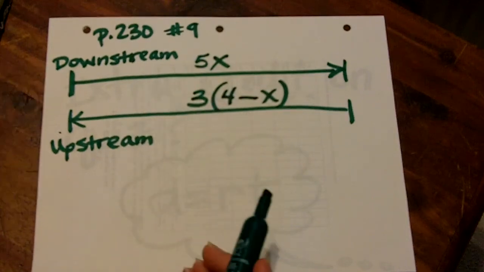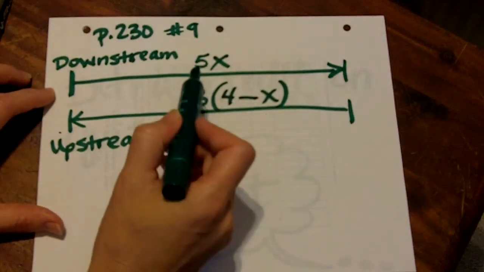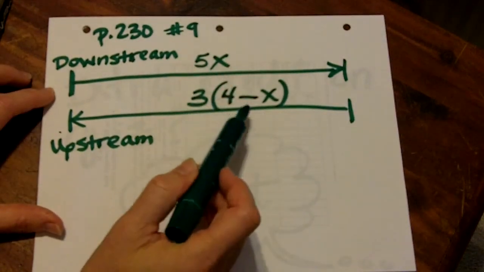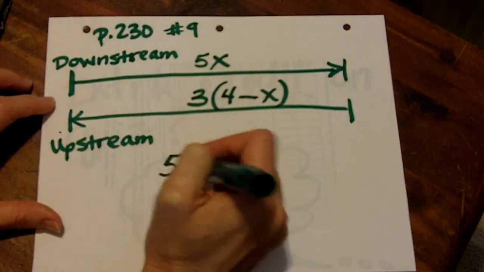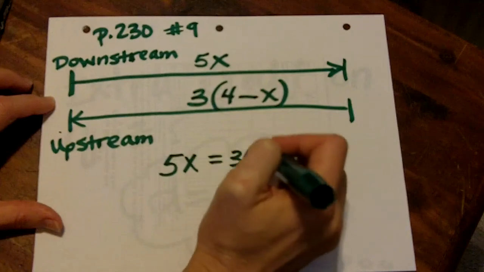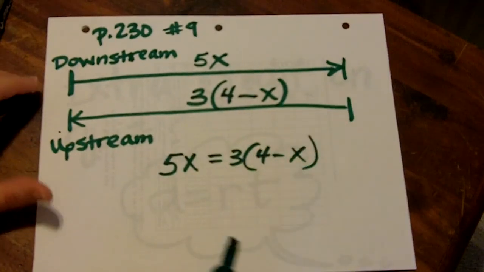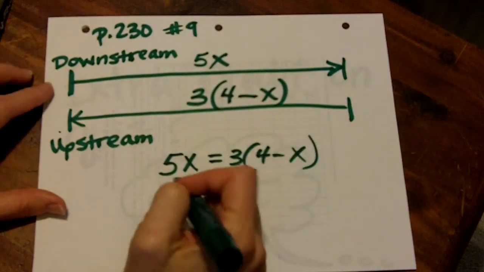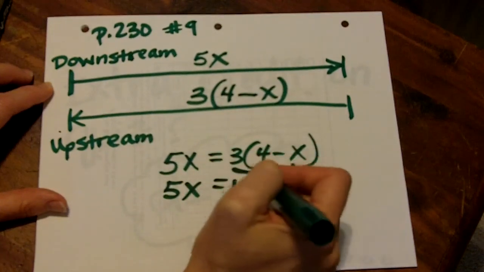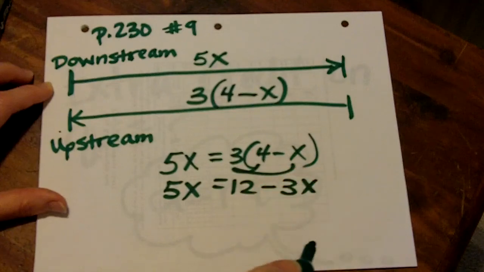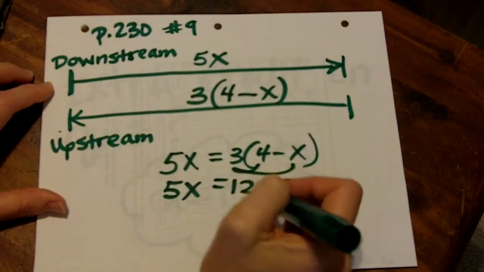So now we can actually set up the equation because we have a rate times the time for both of those distances. And the distances are equal, so we can set those two rate times time equal to each other. And again, you would go ahead and do your math. You'd have to distribute here, distribute there. Okay, then we want to get our x's on the same side.